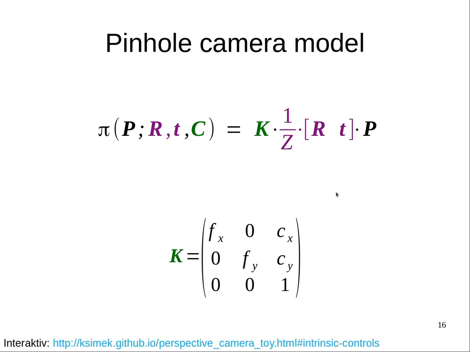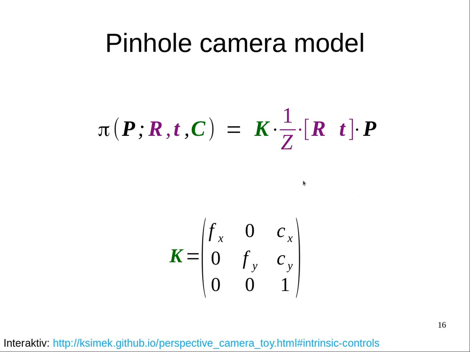And it's really important that you fully understand this equation, because it will be the basis for the rest of the content we are discussing in this lecture. For this, I recommend you go to this web address where you can interactively play with each individual parameter and see what effect they have on the final image.